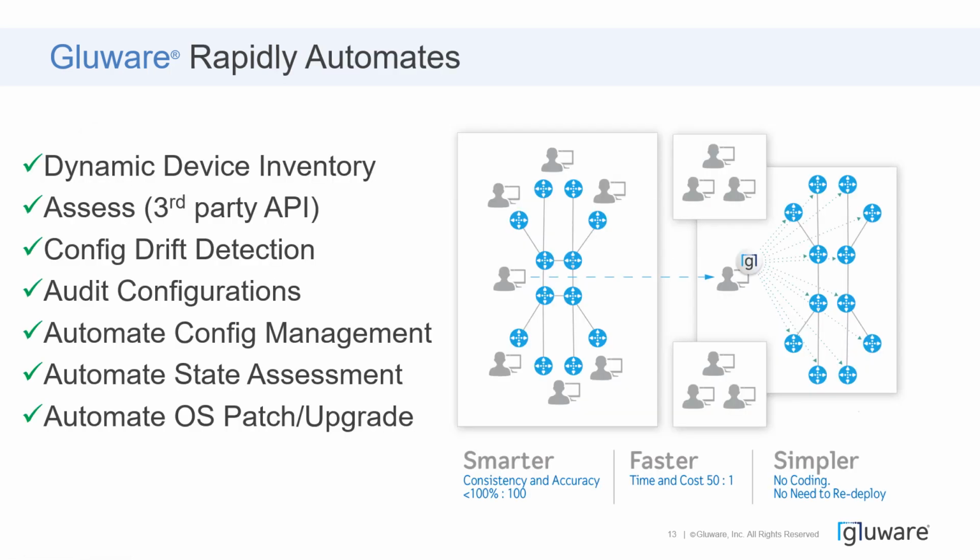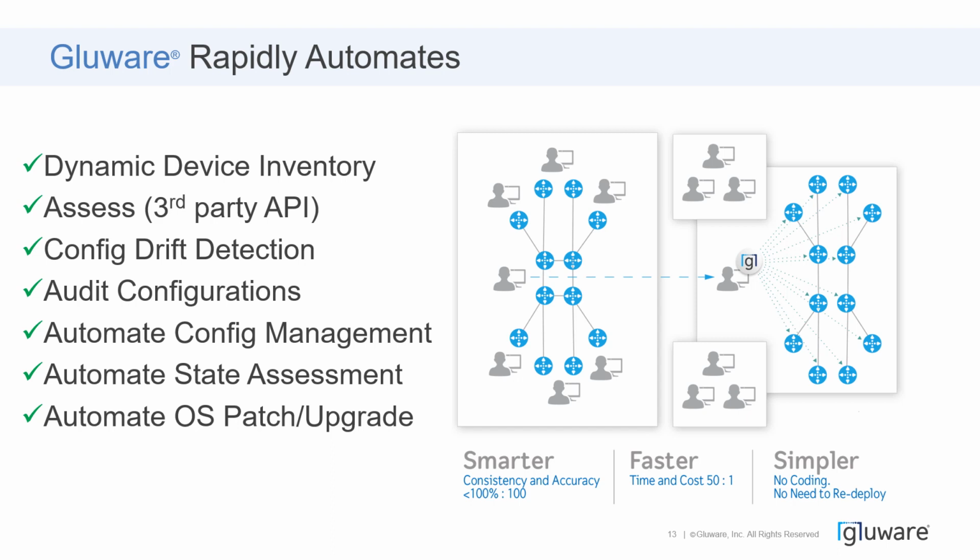So a very quick summary when you think about Gluware and what it's able to automate for you is that it automates the dynamic inventory through Device Manager in the Gluware Control Base package. Also, leveraging third-party APIs currently supporting Cisco, perform an assessment for things like end-of-life, end-of-sale, PSIRT announcements for security vulnerabilities.